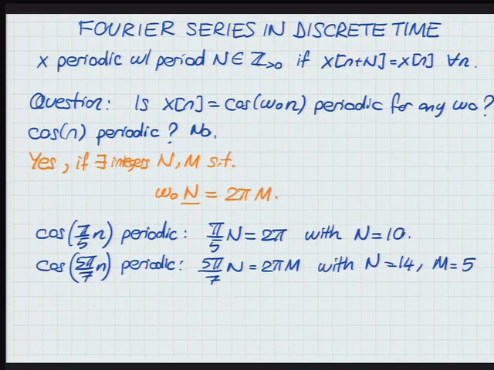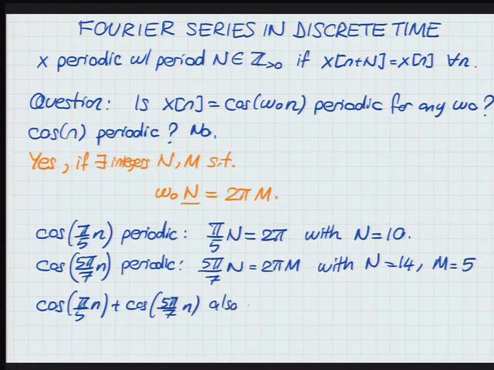So if I add these guys up, what do I get then? 5 cosine pi over 5n plus cosine 5 pi by 7n, also periodic. I've added two things here. Both are periodic. The first has period 10, the other has period 14.